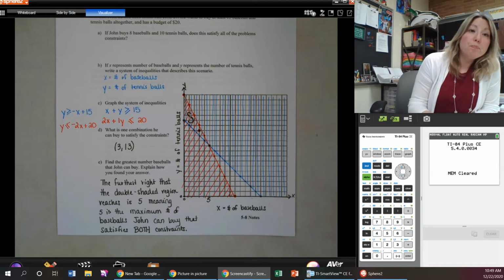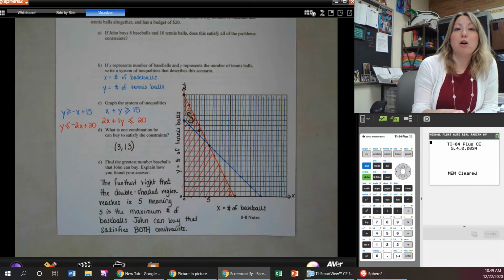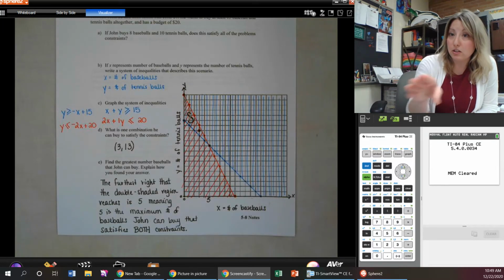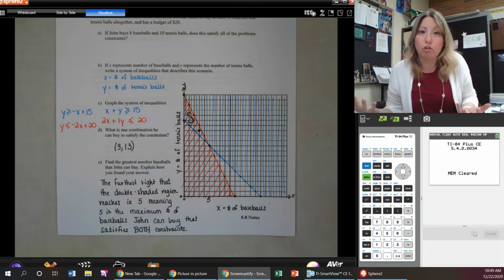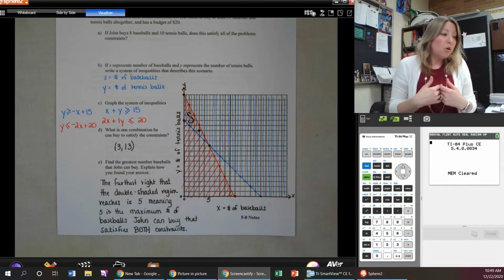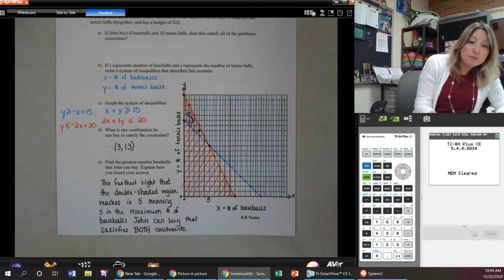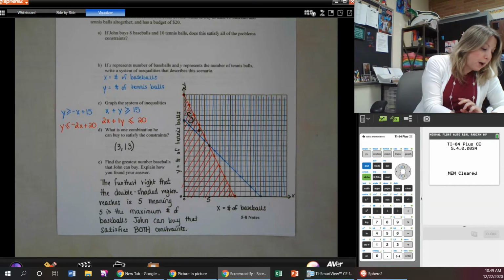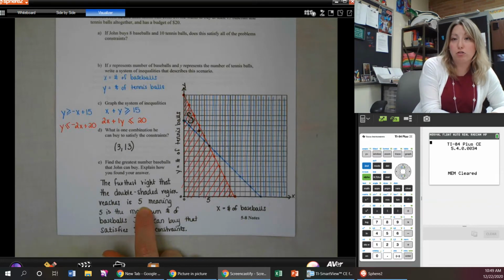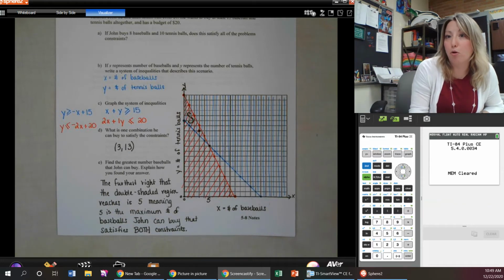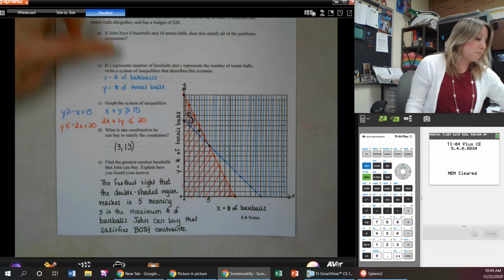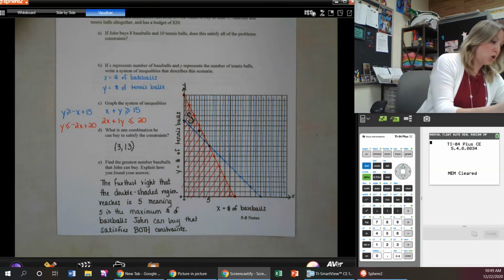Okay, so can John buy 8 baseballs and 10 tennis balls? And this is why I saved this for last. This technically should have been the last question. We know from question E that 5 is the most number of baseballs John could buy and actually satisfy both constraints. So, can John buy 8 baseballs? Nope.